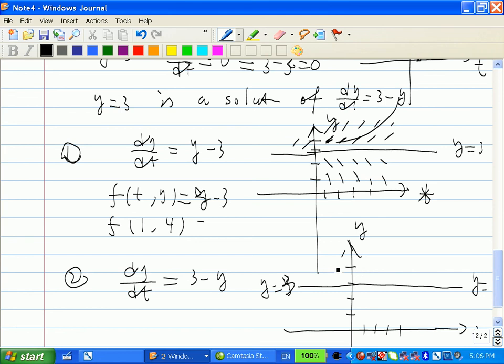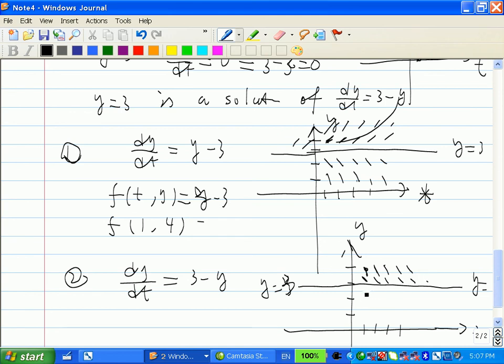Now let's look at the direction field. For y bigger than 3, say at this point, t is 1, y equal to 4. So 3 minus 4 gives you minus 1. The slopes go like this, minus 1 across t, and then a smaller negative number like this. For the point here, your y is still bigger than 3, so you still get a negative but a smaller negative.